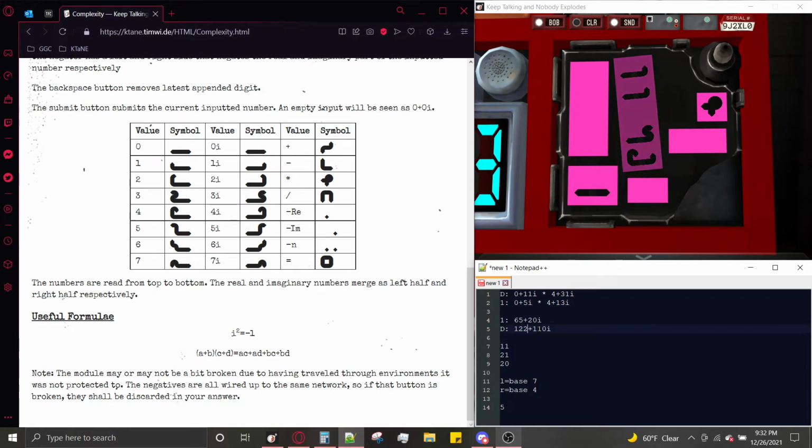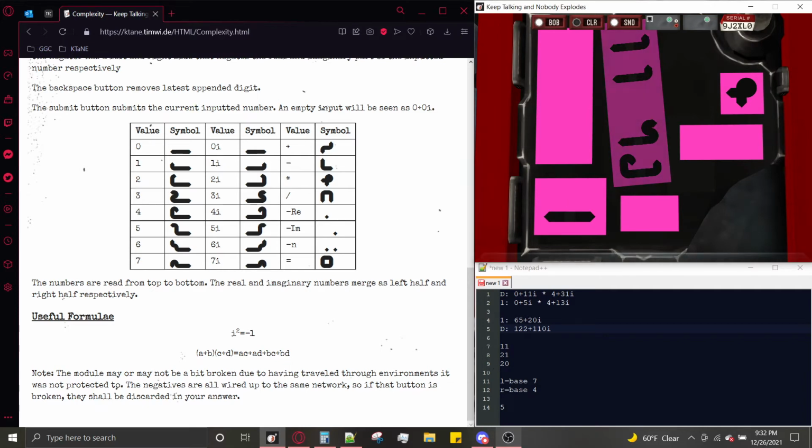Now, if our base 4 number was just 10i, for example, then we would just put 010i, because we're going to have to input 3 digits, or the larger number of digits that need to be inputted.